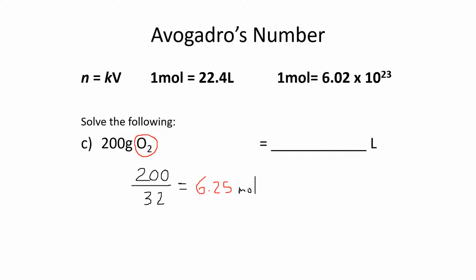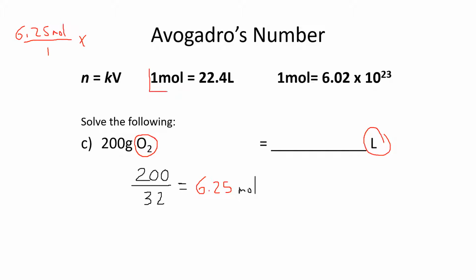But do we want moles? What is the answer looking for? Don't stop here. Make sure you answer their question. So, which number do we want for liters? Are we going to multiply or divide? All right, let's set it up. I got 6.25 moles over 1.